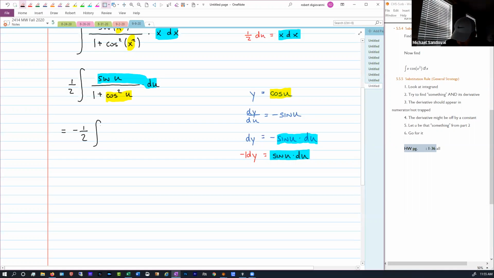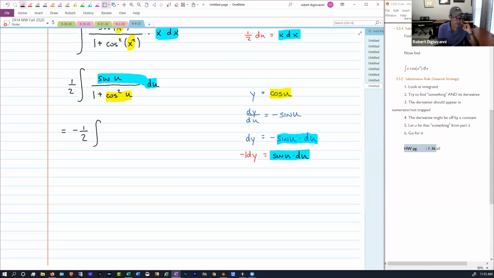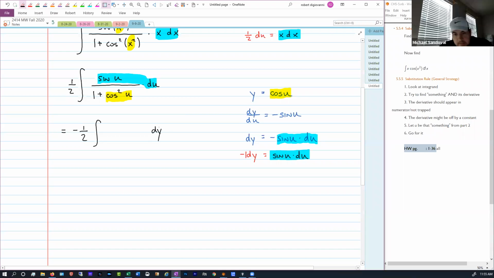Integral. Now all that blue stuff, sine u du, is really going to be the negative dy. The negative went out, so the dy, I'm just going to slap it on the outside, right? But what's still here?